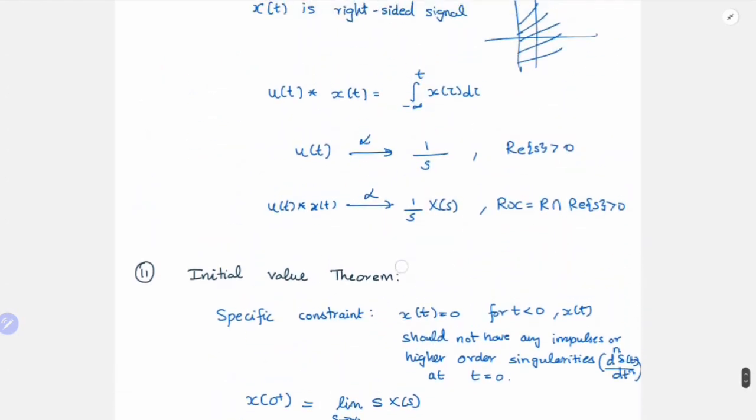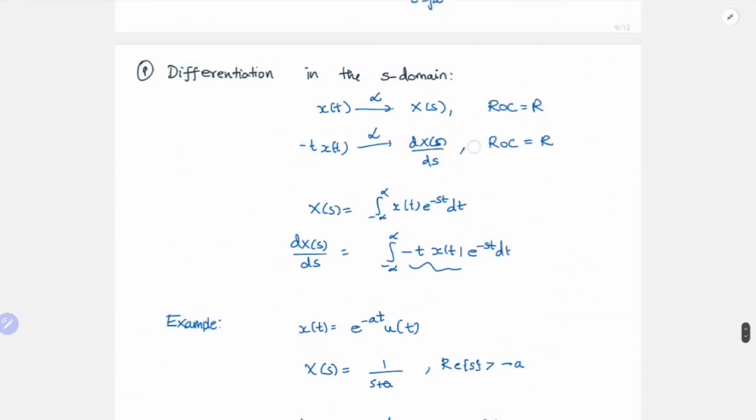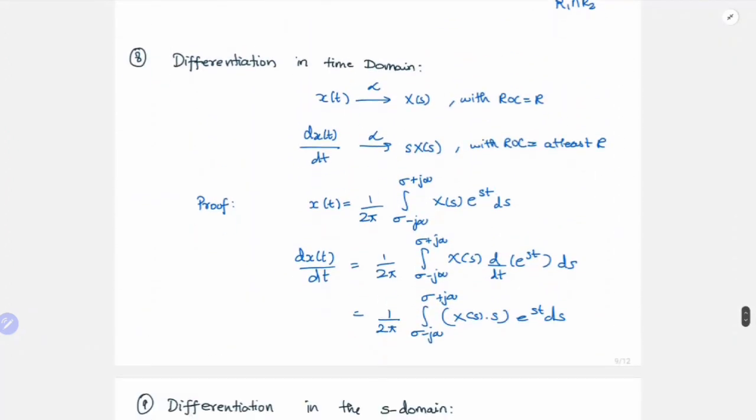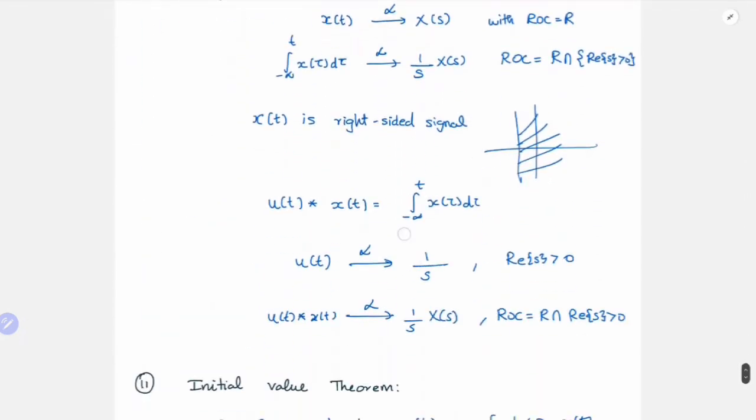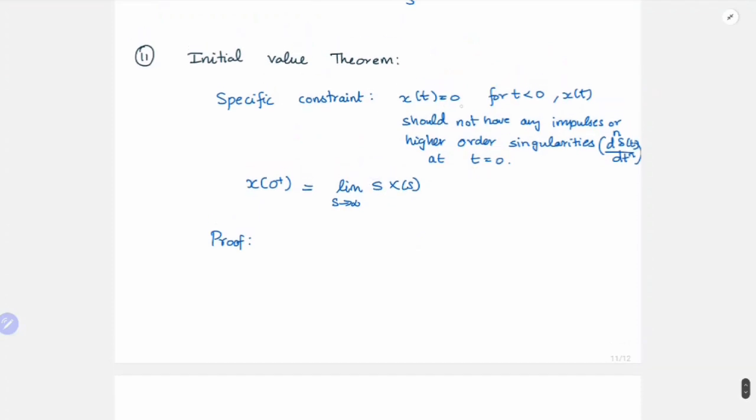Before going to the proof, we'll once again take a look at the differentiation property. So we got dx of t by dt as s x of s. In this derivation, we assumed that x of t is a full signal, varying from minus infinity to infinity. But in our case, we want x of t to be equal to 0 for t less than 0.